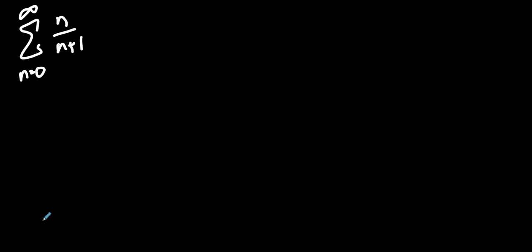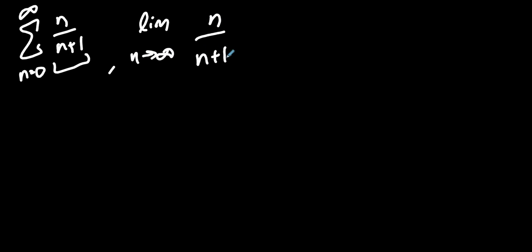So for this particular problem, we're just going to take this n over n plus 1, which is our area of interest. We're going to take the limit as n approaches infinity of n over n plus 1. And for it to converge, the limit has to be equal to 0.